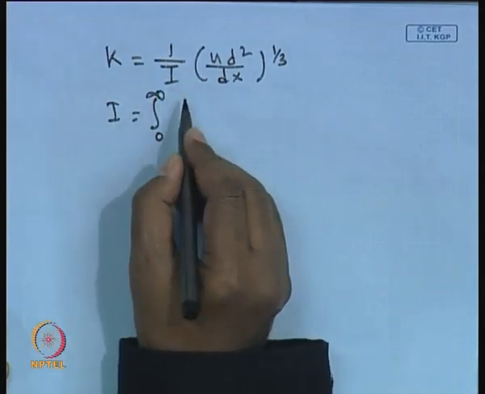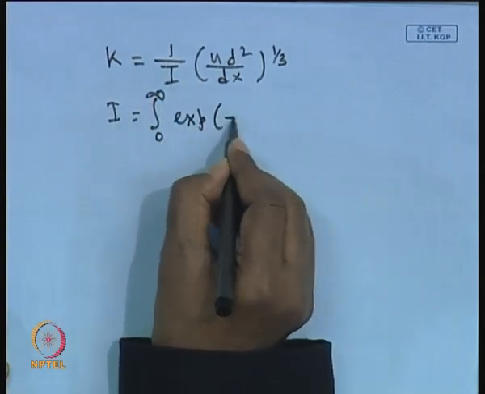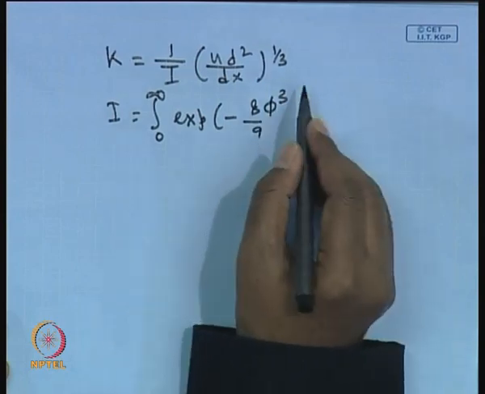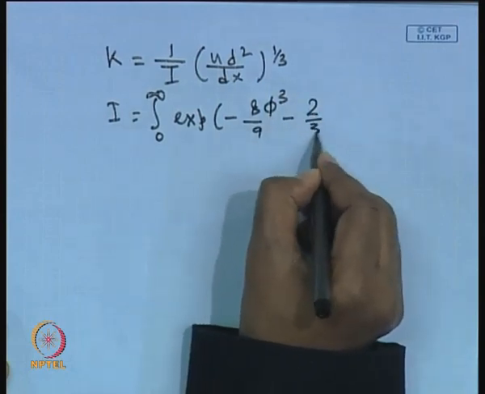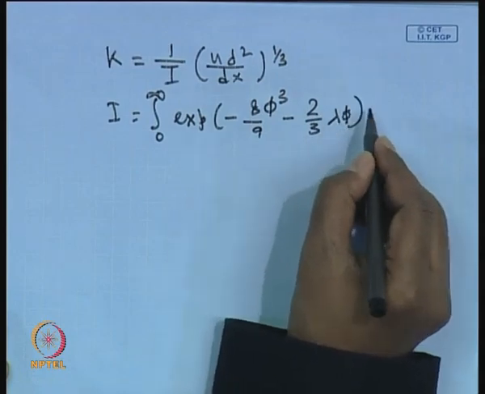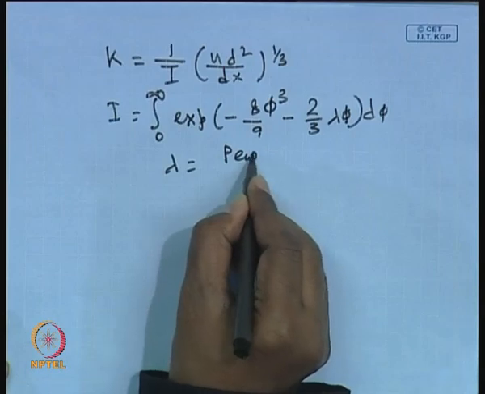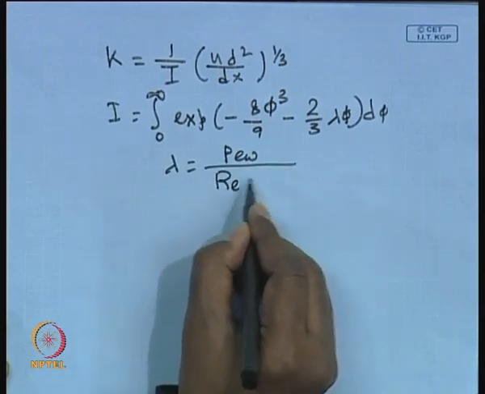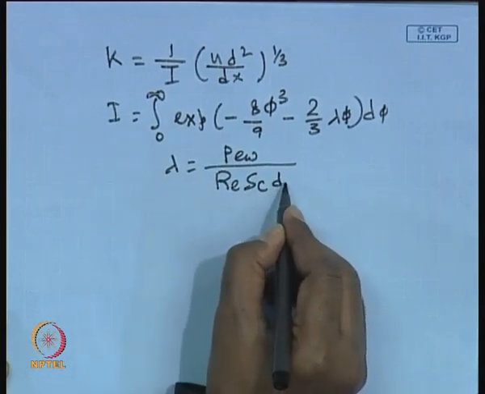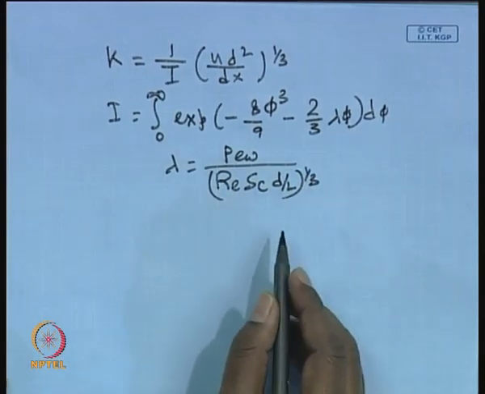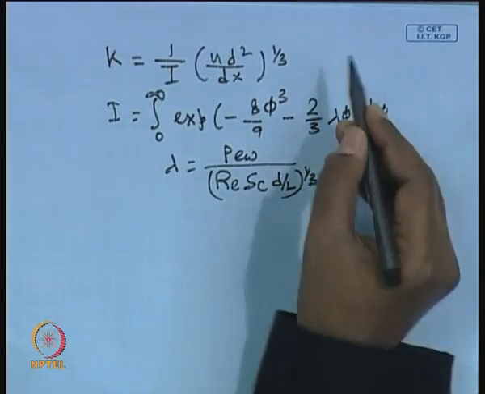In this case, it becomes the integral of exponential minus 8 phi cube over 9 minus 2 by 3 lambda phi d phi, where lambda is nothing but P w divided by Reynolds-Schmidt d by L raised to the power 1 upon 3. Okay. Now, where do you get this equation?